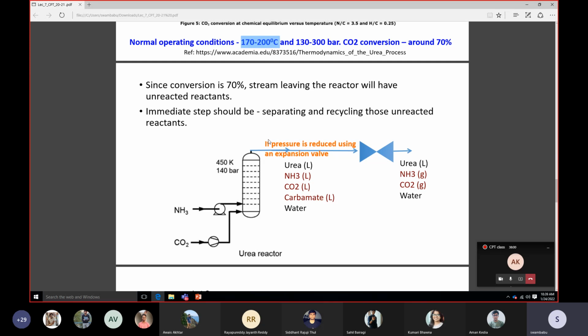For catalytic reactions, solid catalytic reactions, what reactors can we use? Packed bed reactor, very good. Any other reactors? Fluidized bed reactor, packed bed reactor.